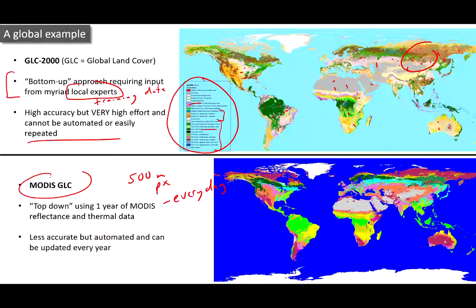This map is made with a top-down approach, meaning it's really just training on a limited amount of ground data and mostly just making new maps every year based on the actual information at the MODIS sensor. So, of course, this is going to be less accurate, but it is automated. So it's better for looking at change, but not necessarily your best go-to product for a single day.